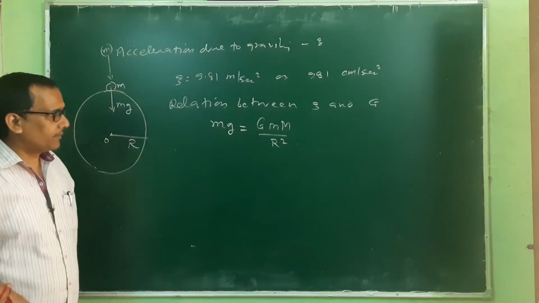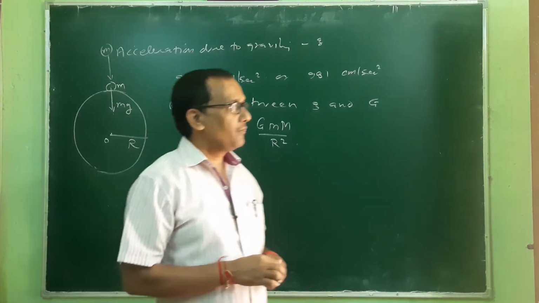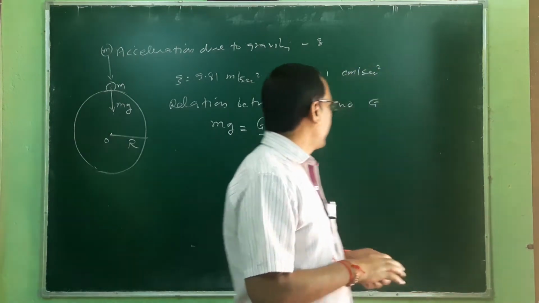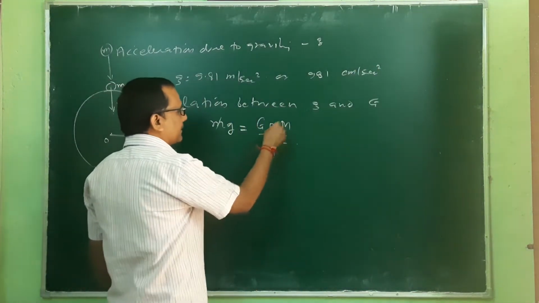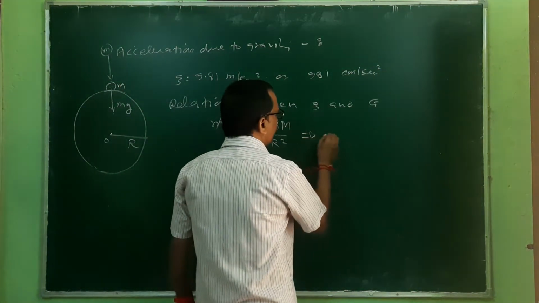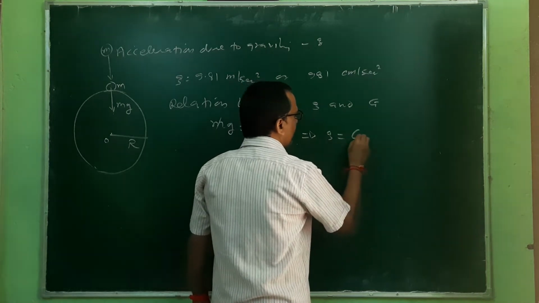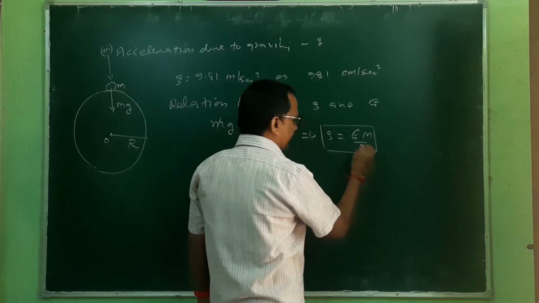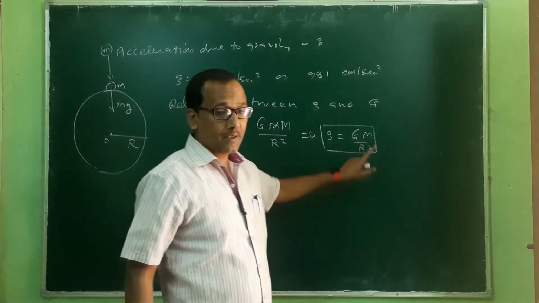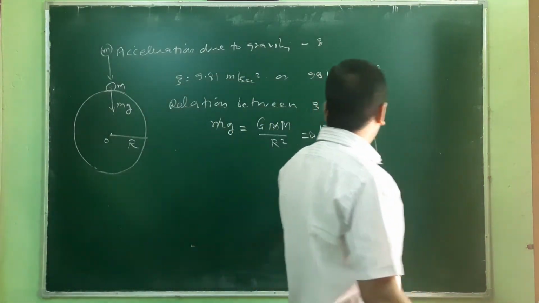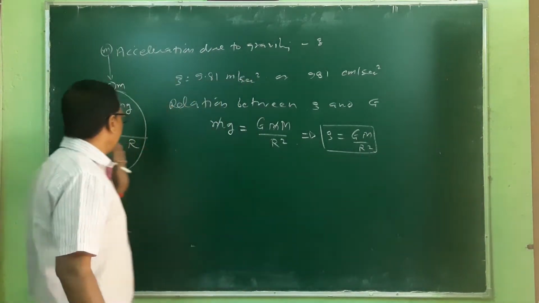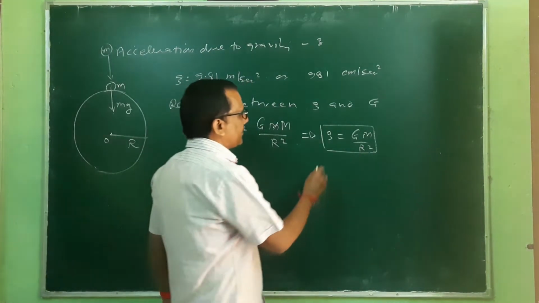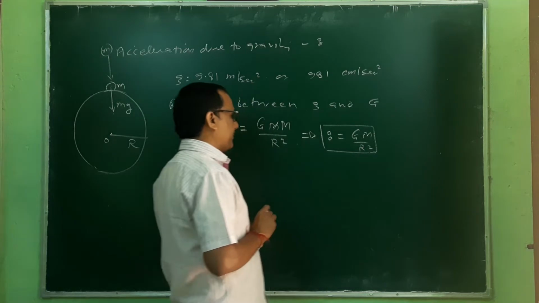This is because of the law of gravitational force given by Newton. So we can cancel this m, and we will have small g equal to G M by R square. So this g depends on the mass of the Earth and also the radius of the Earth. So this is the relation between the small g and capital G.